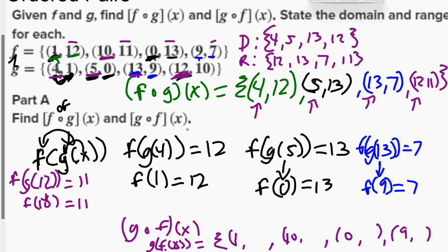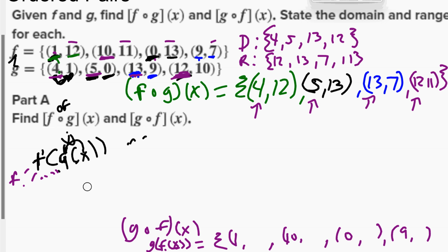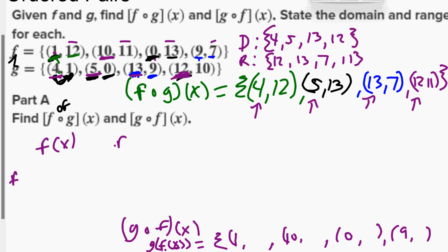So we're going to do the same process, except we start with f of x. So we start with f of 1, and we get a 12 out. Well, what's g of 12? g of 12 is 10. So we started with 1, and we plug that answer into g, and we got 10.